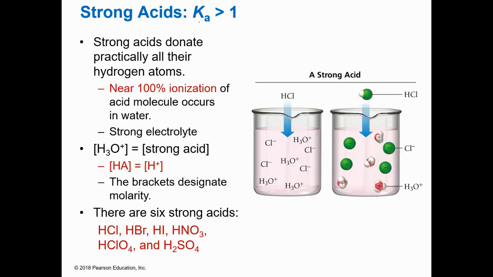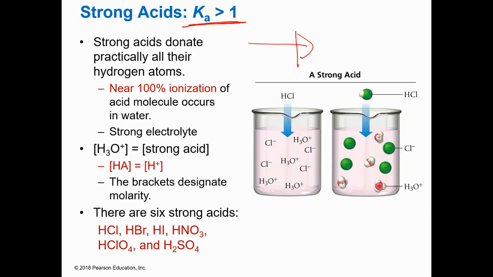Okay, so now we're talking about Ka, and this is the same K from equilibrium, but now we're talking about the equilibrium constant of acids specifically. So if the Ka is greater than 1, remember that means it lies far to the right towards the products, which means it nearly 100% ionizes.